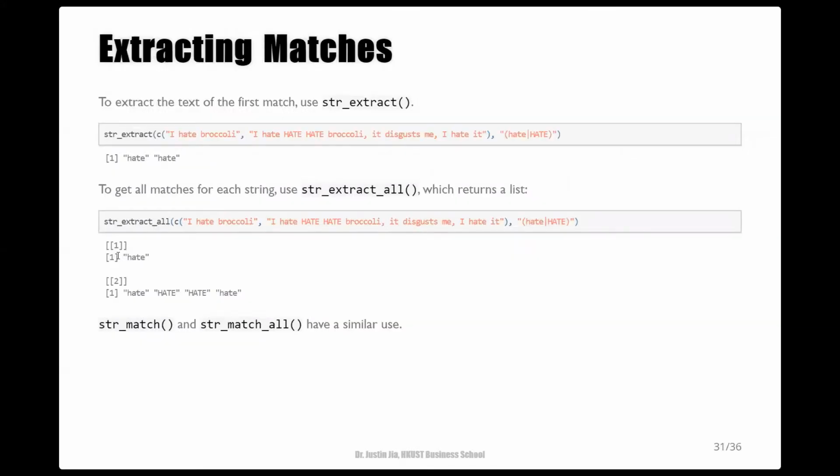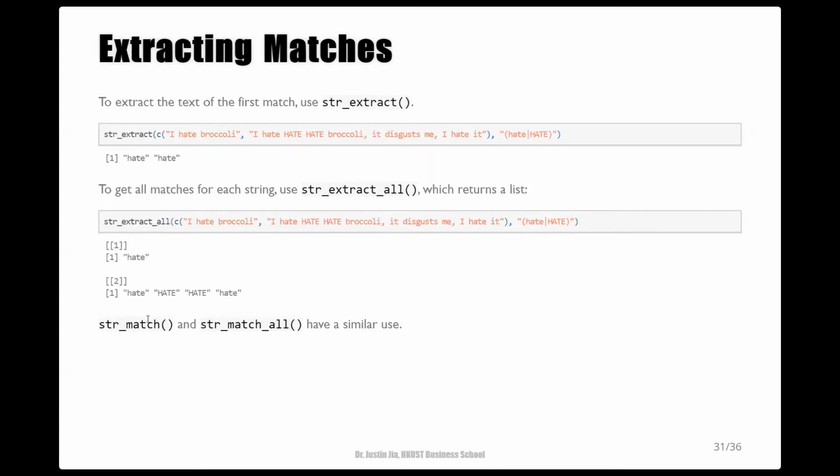There are also functions that allow us to extract the text of a match directly. Use str_extract to extract the first match, or use str_extract_all to get all matches. The str_extract_all function returns a list because different vector elements may have different numbers of matches.